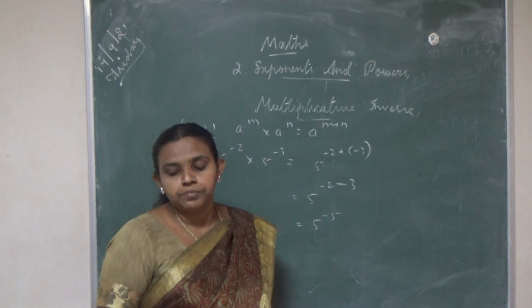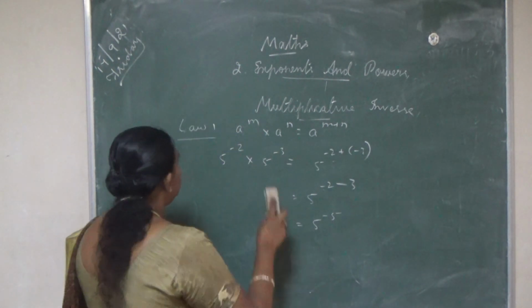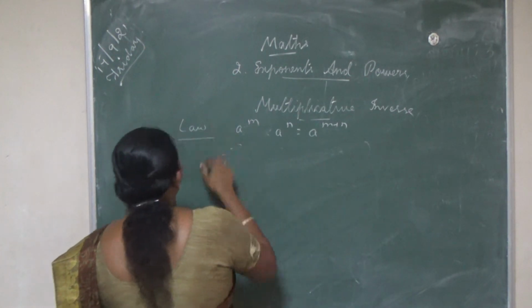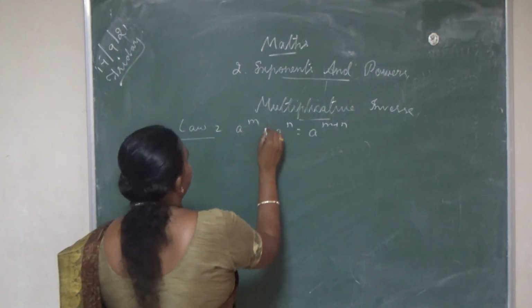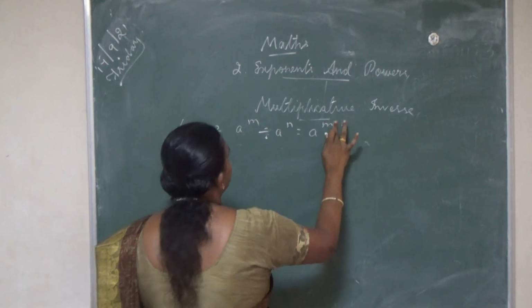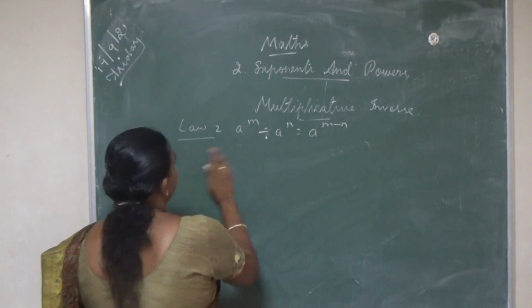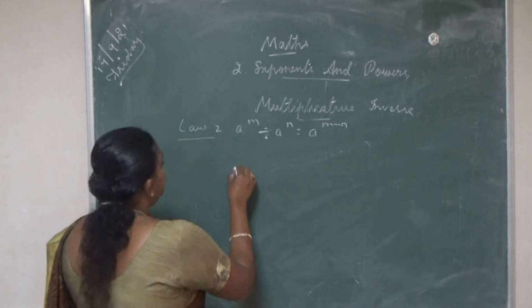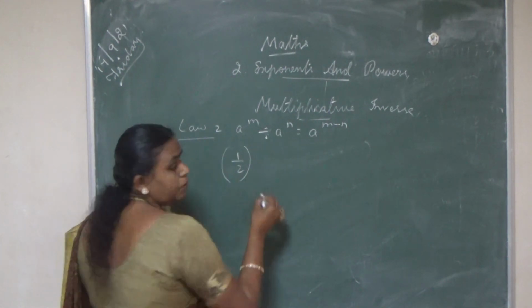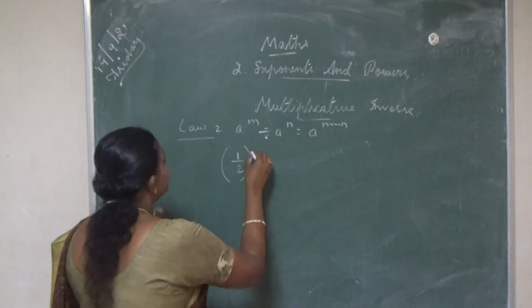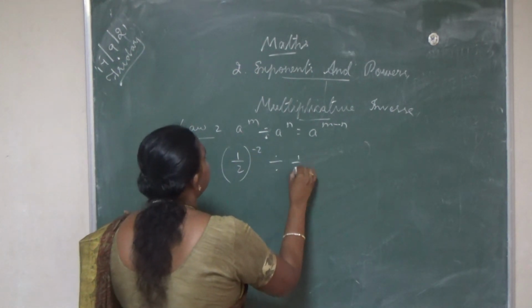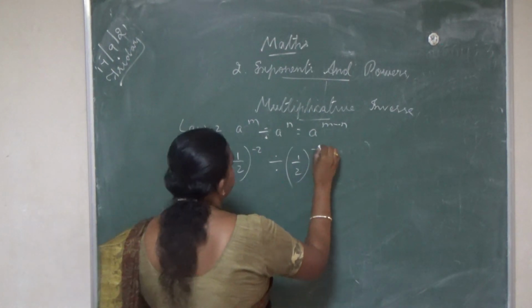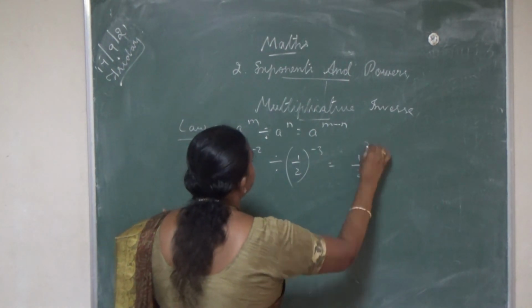Okay. So what is the second law? Law 2. a power m divided by a power n equals a power m minus n. So tell me, 1 by 2 the whole power minus 2 divided by 1 by 2 the whole power minus 3 is equal to, tell me, 1 by 2 the whole power.